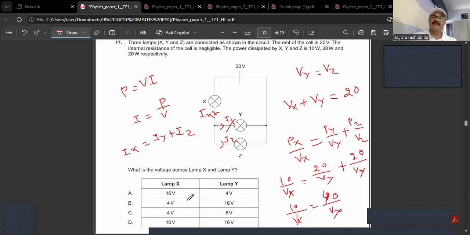So now we can find V_x by V_y, which is 10 upon 40. V_x by V_y is equal to 10 upon 40, meaning 1 upon 4.